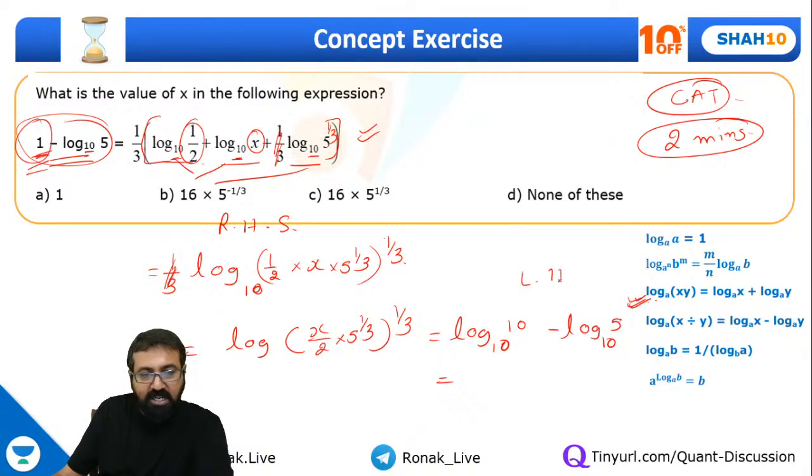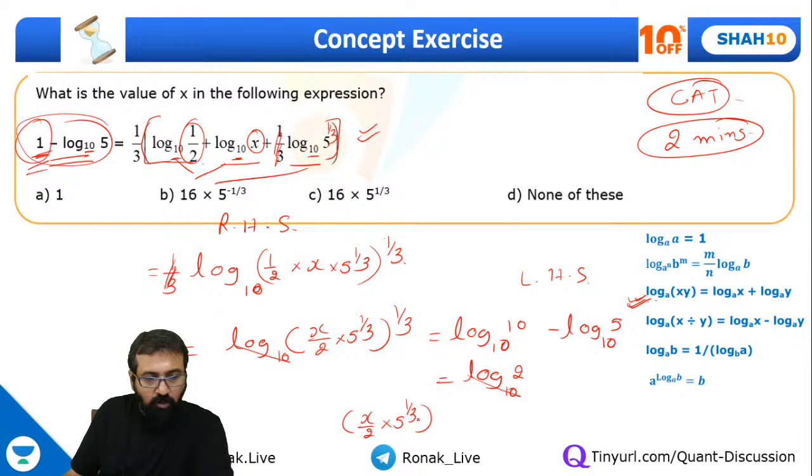So this will be log of 10 by 5, that is log of 2 with base 10, and over here we have log of this one. This log with base 10 will get cancelled off straight away, and what I'll get is x/2 into 5⁻⁴ whole raised to 1/3 is equal to 2.